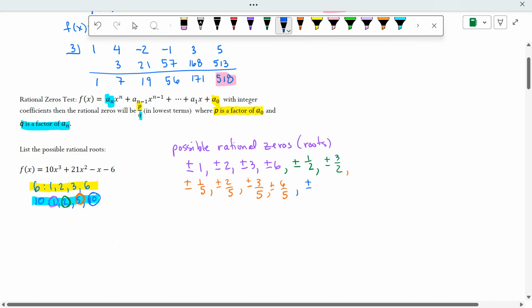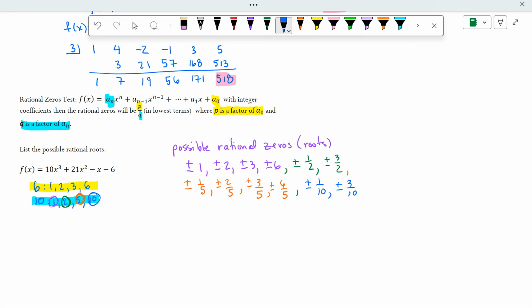So I have plus or minus 1/10. 2/10 is 1/5. I already have that. Plus or minus 3/10. And then 6/10 is 3/5.